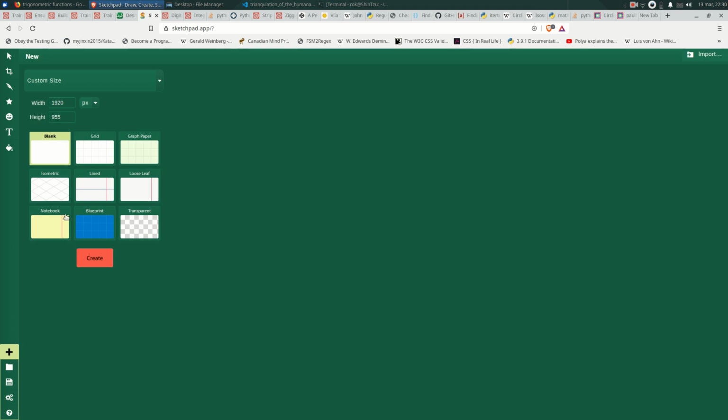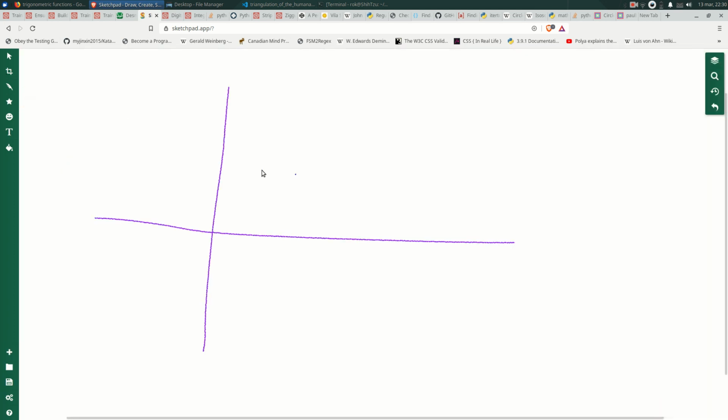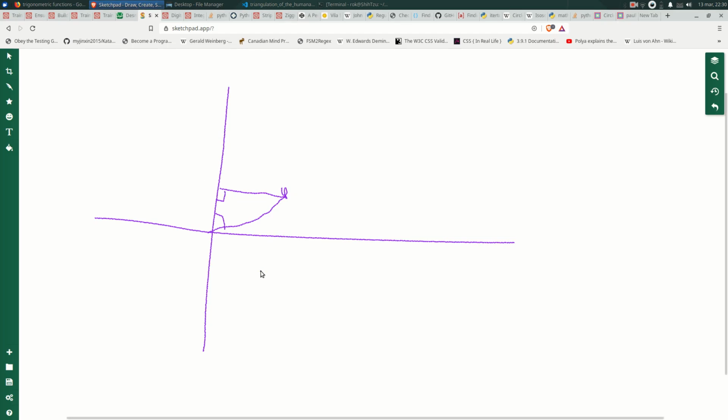Let's get a new document. So this is the thing. We don't need a circle. We just have a point. So that's a triangle. We are interested in this angle. You can quickly find it out by the adjacent and opposite.